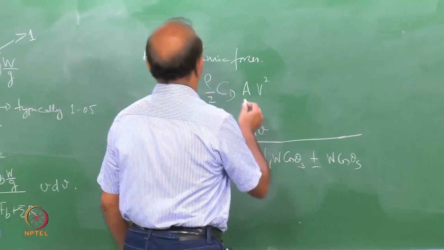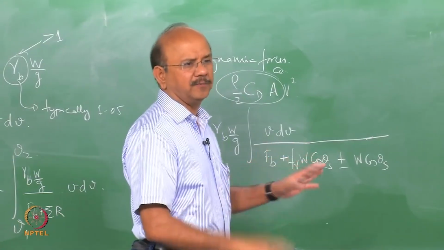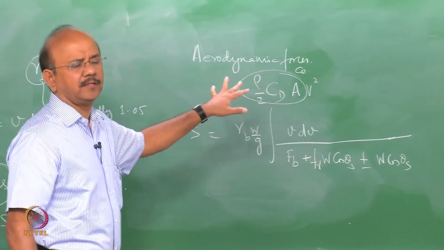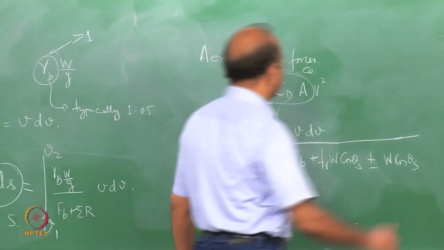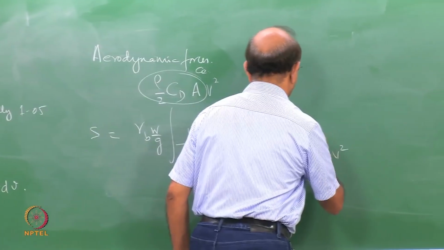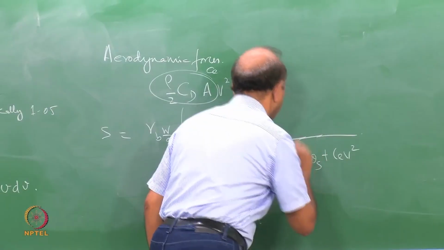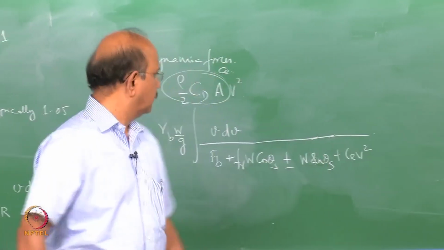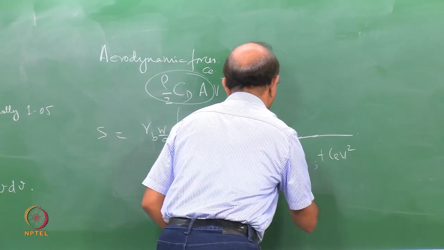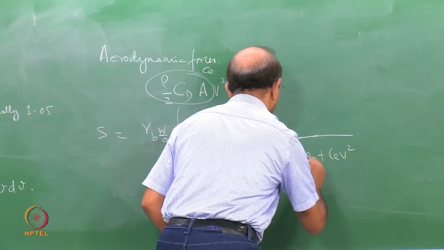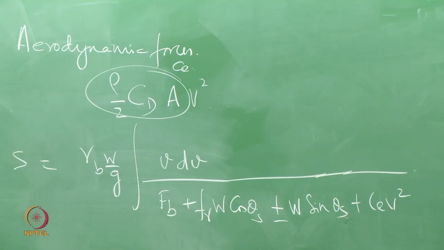We will call this a factor called C. Let us say that I am dumping everything. This is a constant, we can assume that this is a constant and write this as plus C into V squared. Whether it is plus or minus is high school physics, I am not going to go deeper into that.